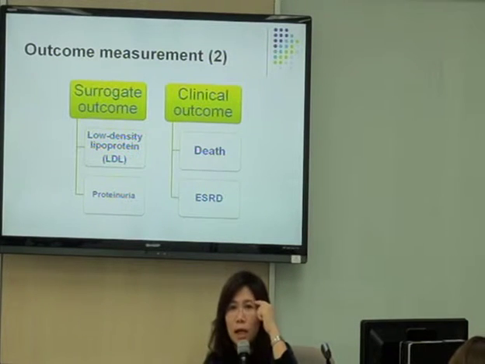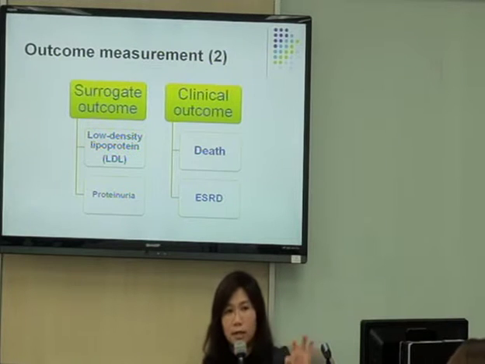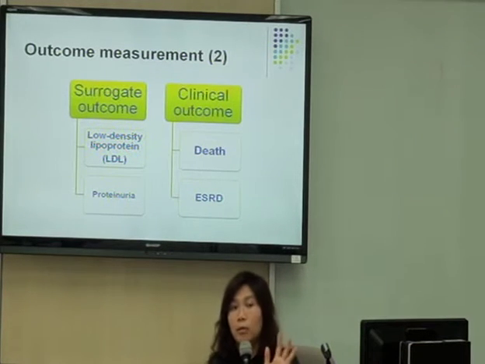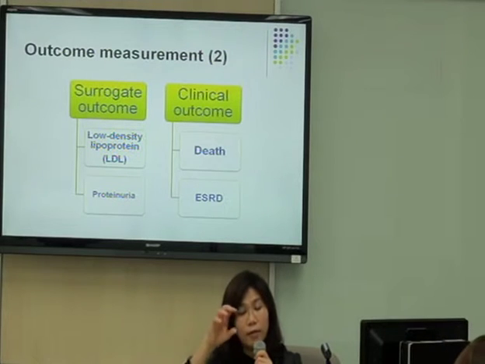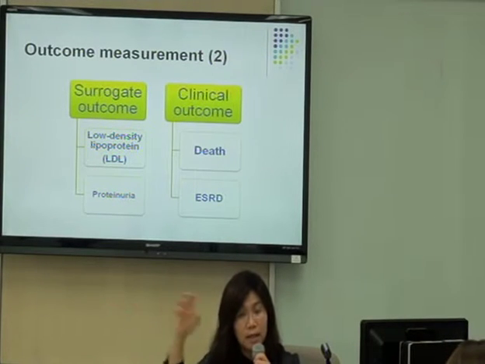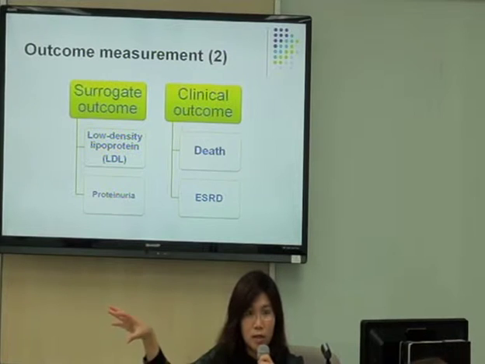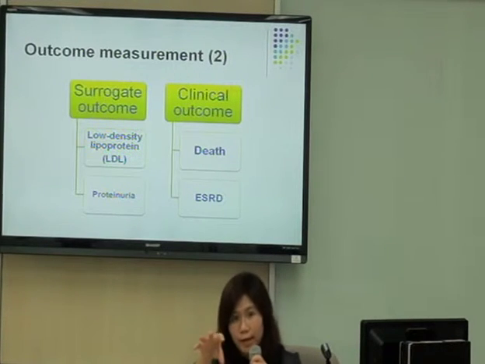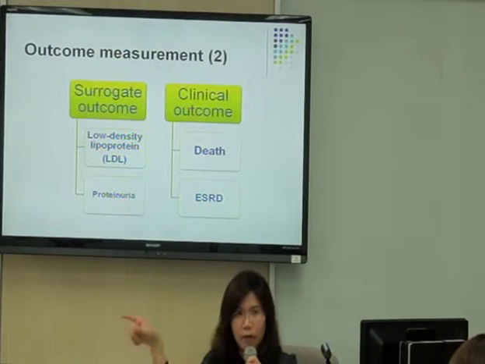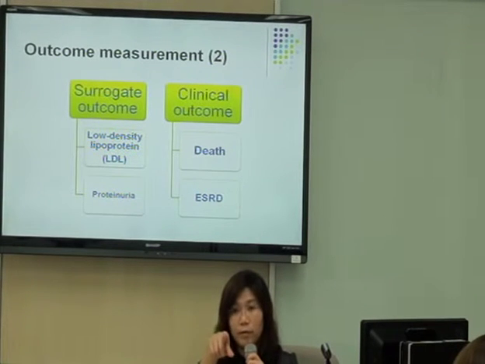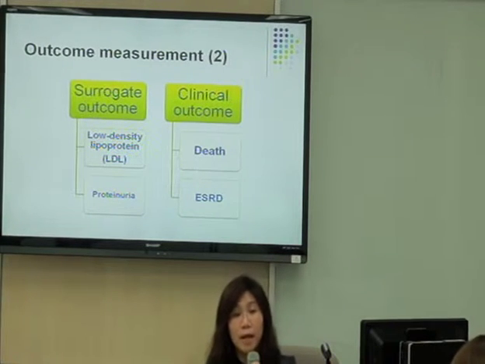For example, if you cannot claim about the mechanism or the effect of LDL directly to death, you just think that it's linked to death, but it doesn't cause death. So that's why they think this is a surrogate. But if you are sure that LDL has some effect directly by itself on death, then you might consider it as a mediator.